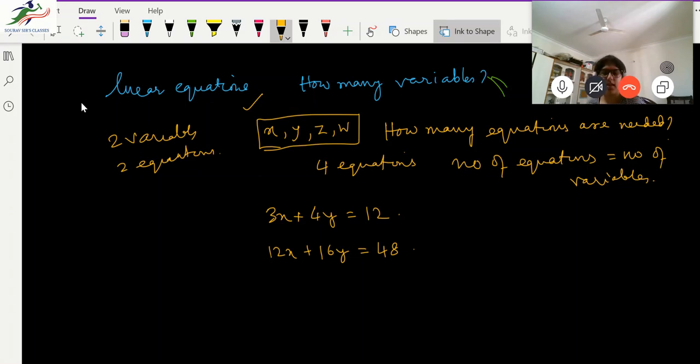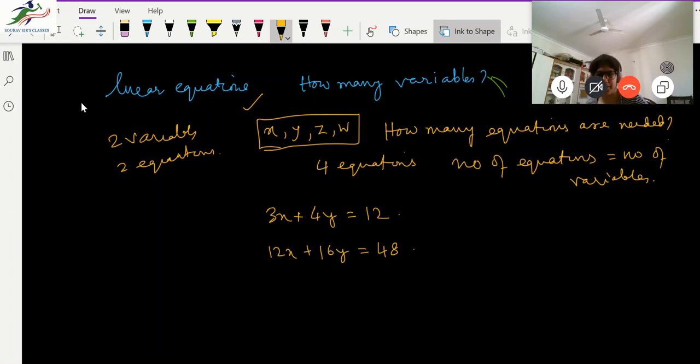Because we were told this in school. So 3x plus 4y is equal to 12 is x1 plus y1, with 12 coming to the left hand side and becoming minus, so minus c1 is equal to 0 in the standard form, and then in the same way we make the second equation, and then we put x1 upon x2. You don't have to do all of that. There is a very simple thing.